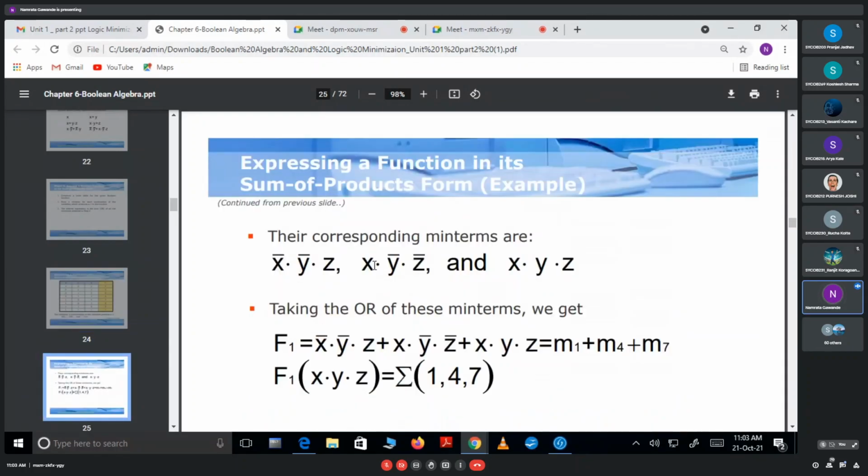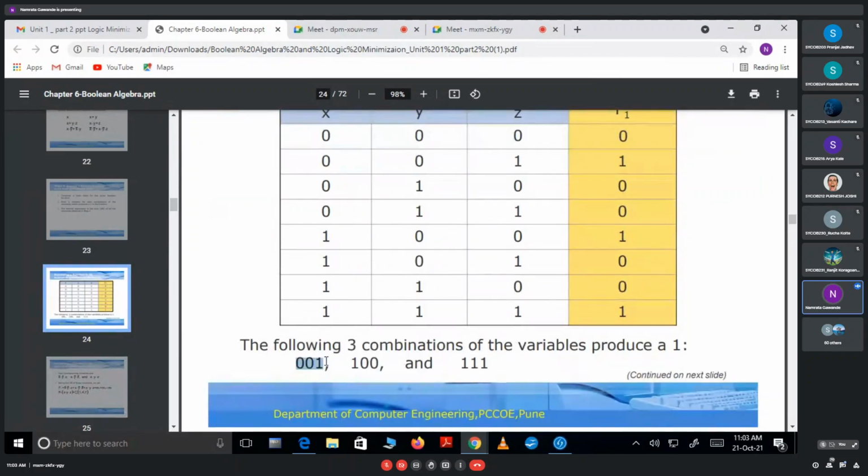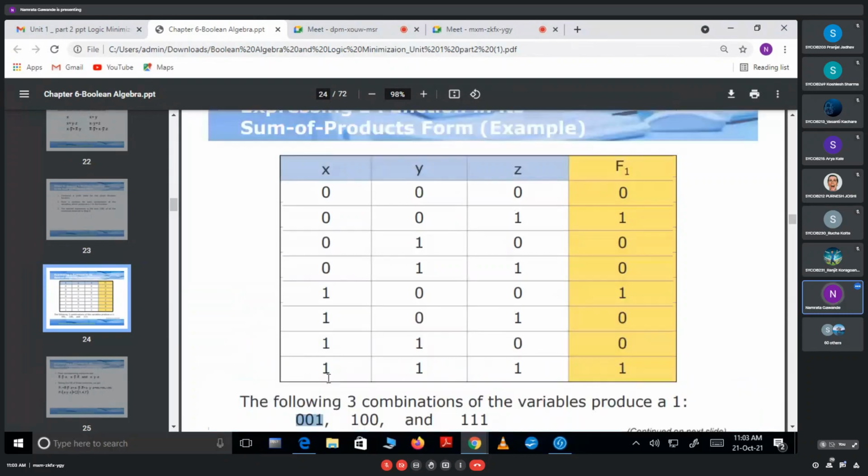So x dot y bar dot z bar. We are converting this combination into expression form, a Boolean function, that is, writing this combination in terms of min term form now.